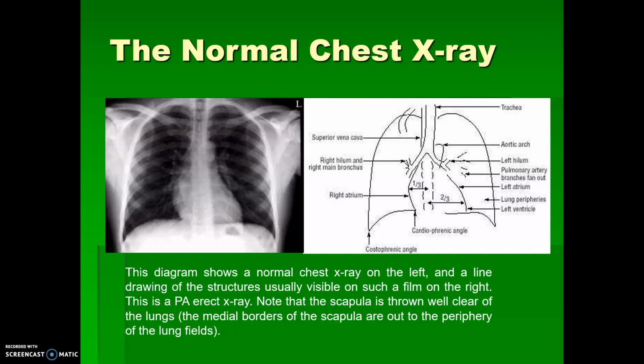We look at the costophrenic and cardiophrenic angles to make sure that they are sharp and well demarcated. If they aren't, that might suggest the collection of fluid or possibly the presence of consolidation in that area of the lung. And of course we look for the normal lung markings, which should reach outward almost to the lateral border of the chest. And if they don't, then we should look closely to see if we can identify a pneumothorax.